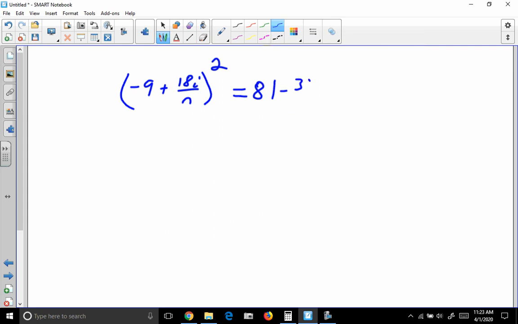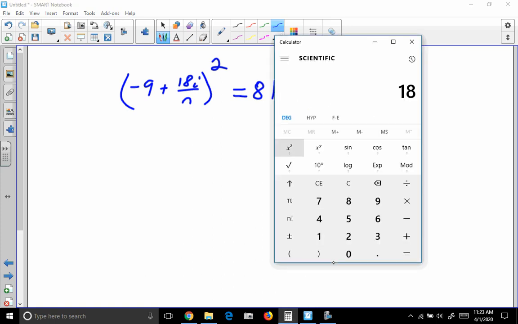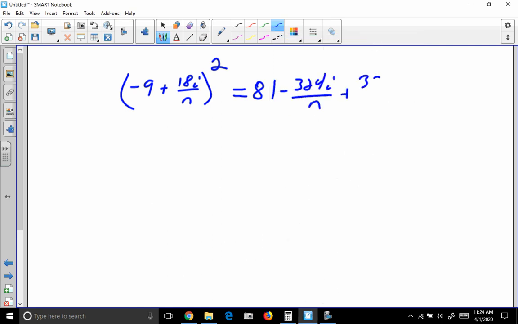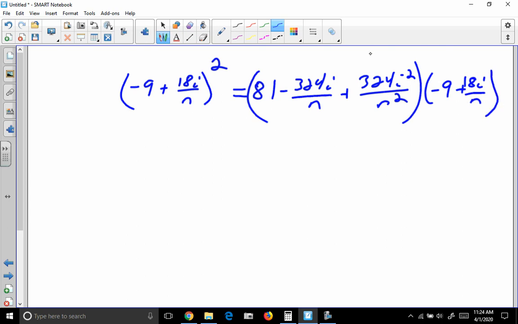So -324 i over n. And then we square the second term. So 18 squared, 324, i squared over n squared. So that's from squaring it. We want it cubed, so we need to take that and multiply it again times -9 plus 18i over n.